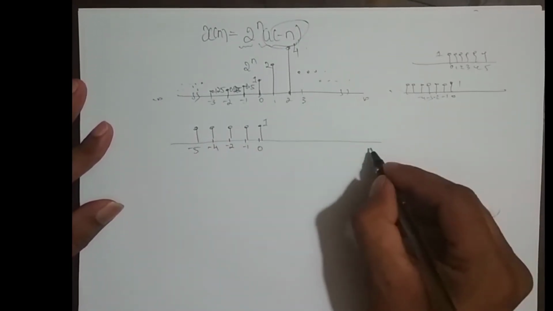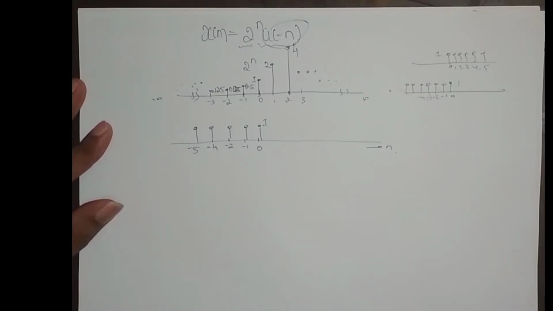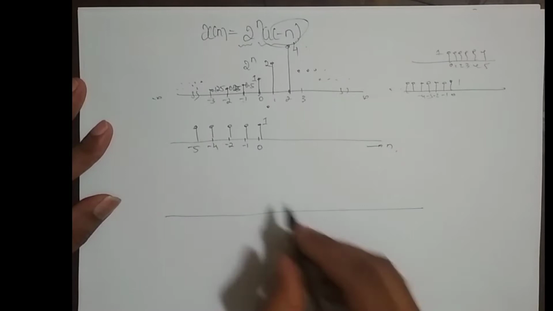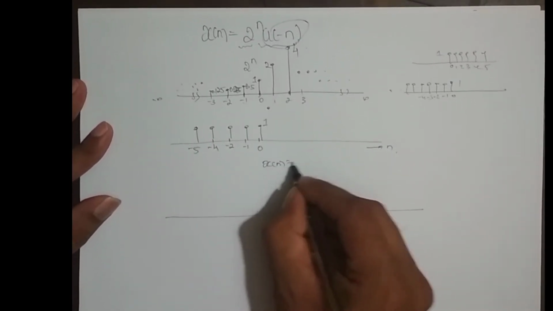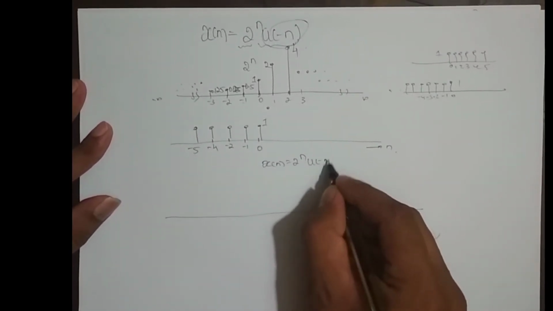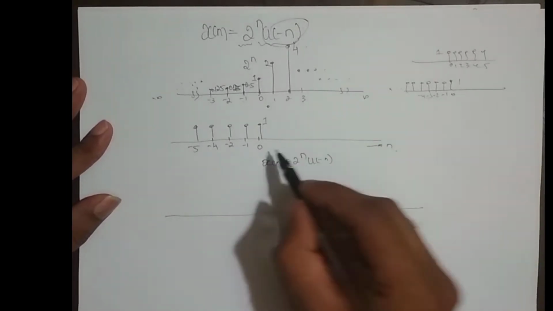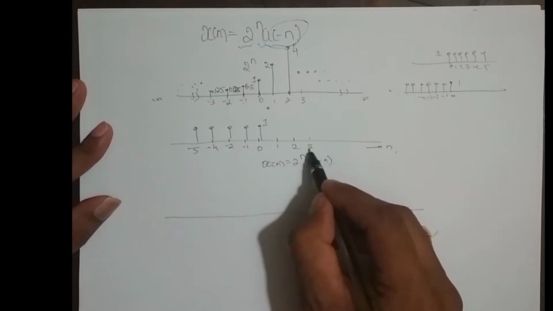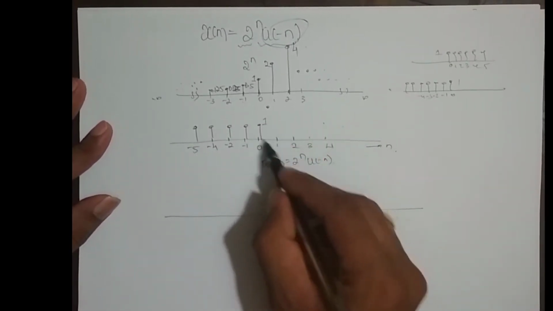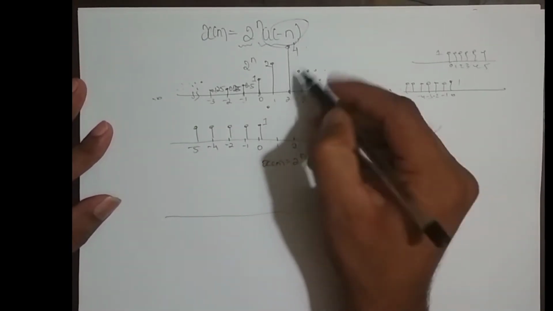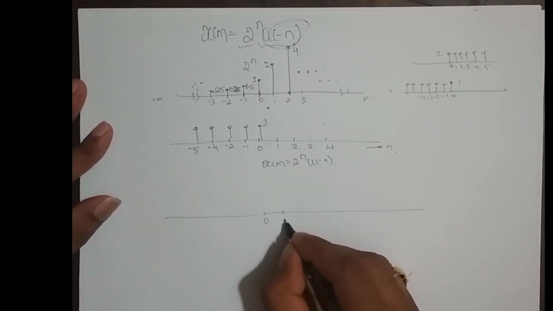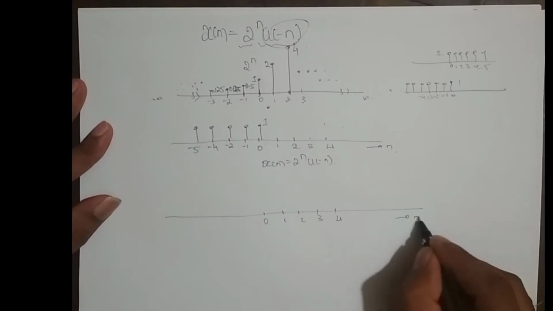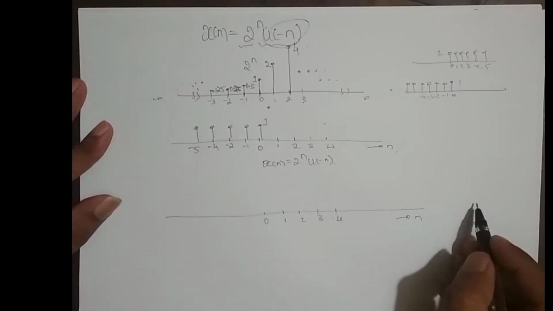When I multiply these two, I get x of n, which is 2 power n u of minus n. On the positive side, for n equal to 1, 2, 3, 4 till infinity, the amplitude is 0, since 0 multiplied by any signal is 0.